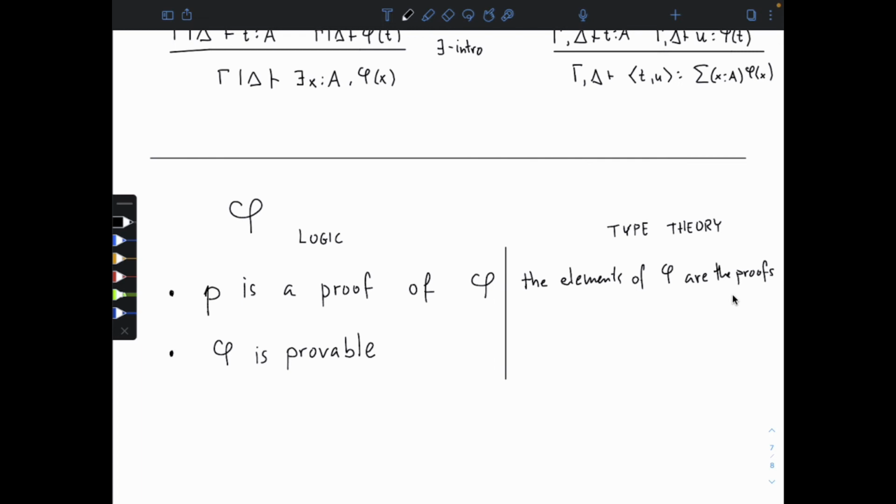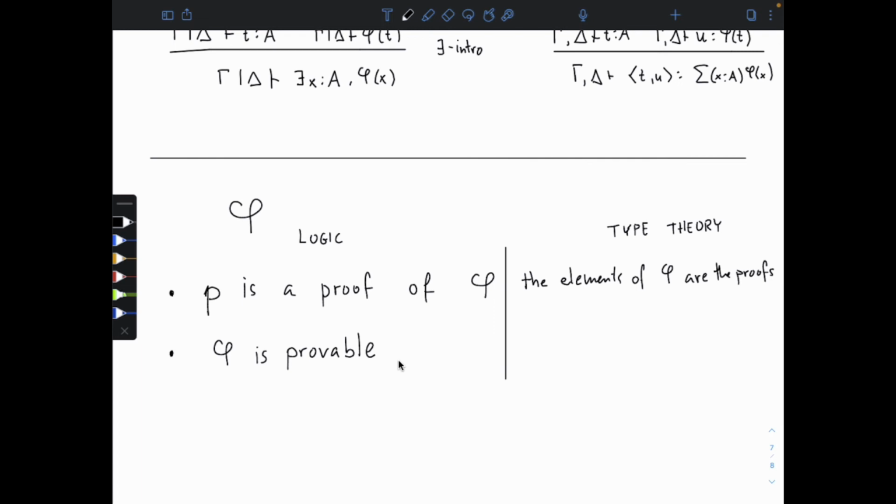So that's one option. But this option here, to say that phi is provable, doesn't give you any structure. The only thing that matters is that it's provable, and that's just a simple fact. So what really is going on when you say that phi is provable is that you want to think of phi as having all the proofs crunched together into a single unit of provability.